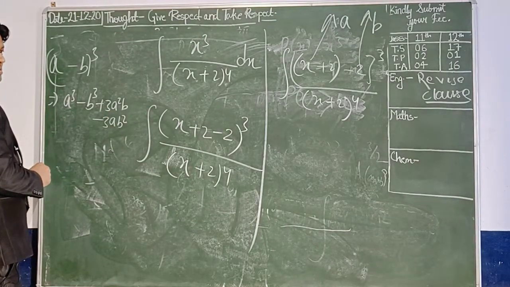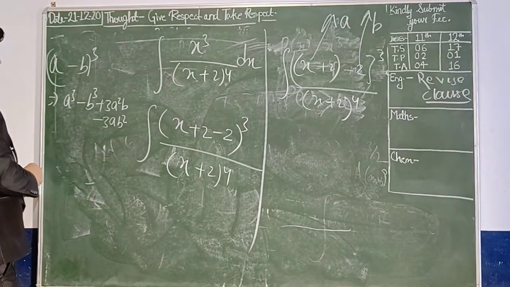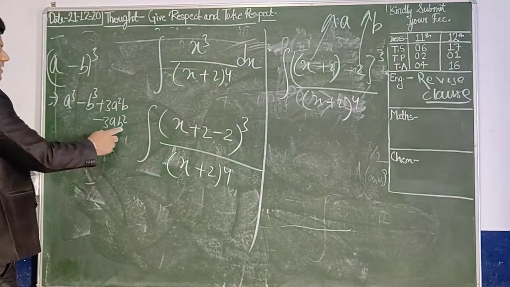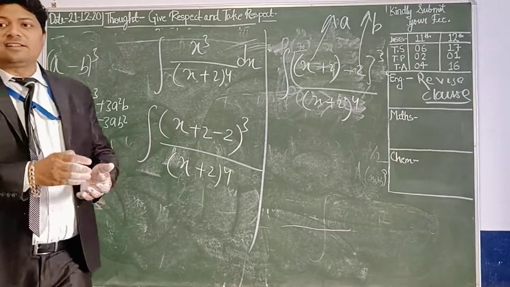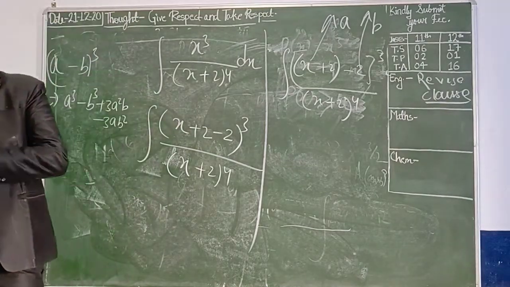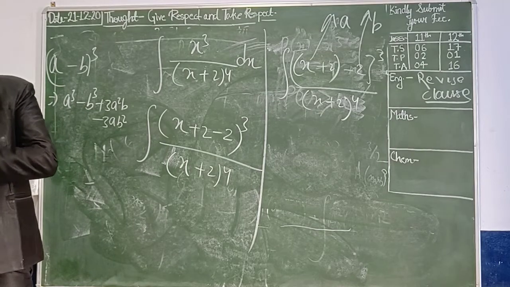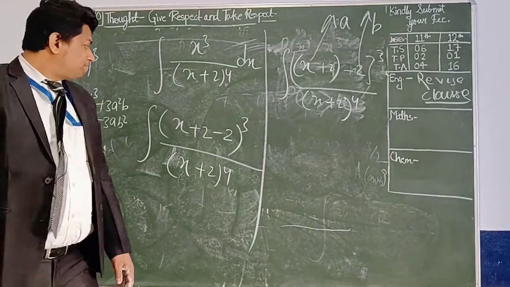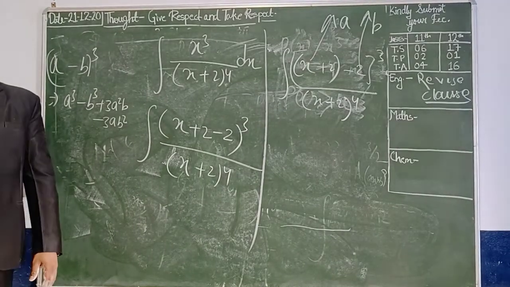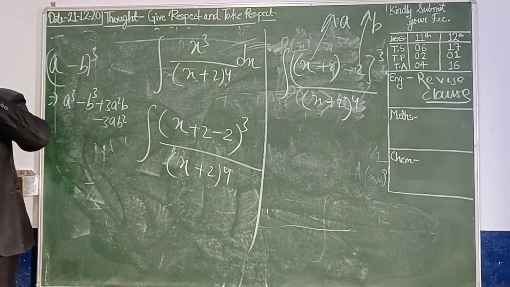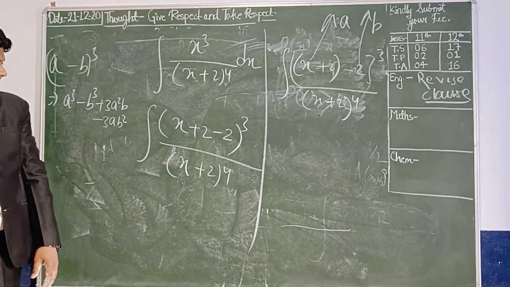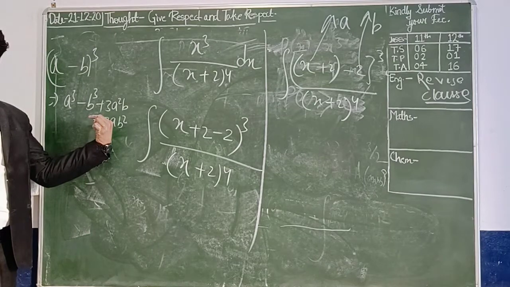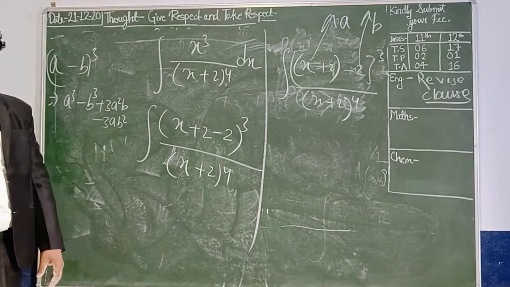Anything more? No, sir. Right. A cube minus b cube plus 3a square b minus 3ab square. How many of you are saying that this one is the right formula? Have a seat. Sir, there it will be minus here.